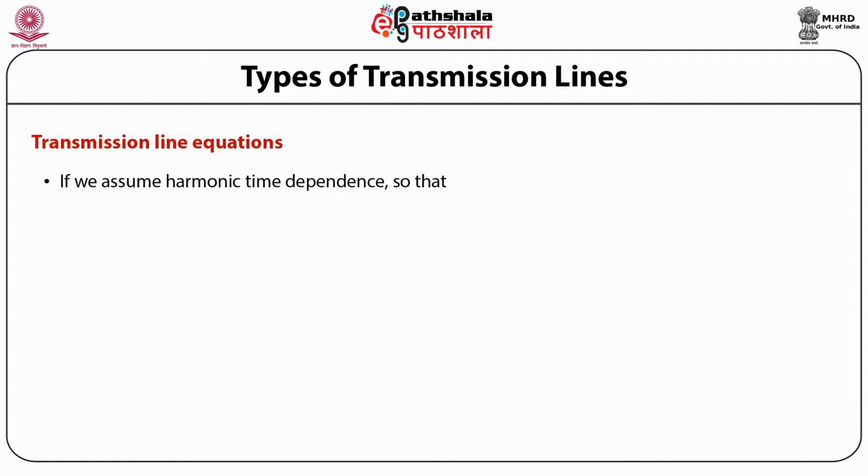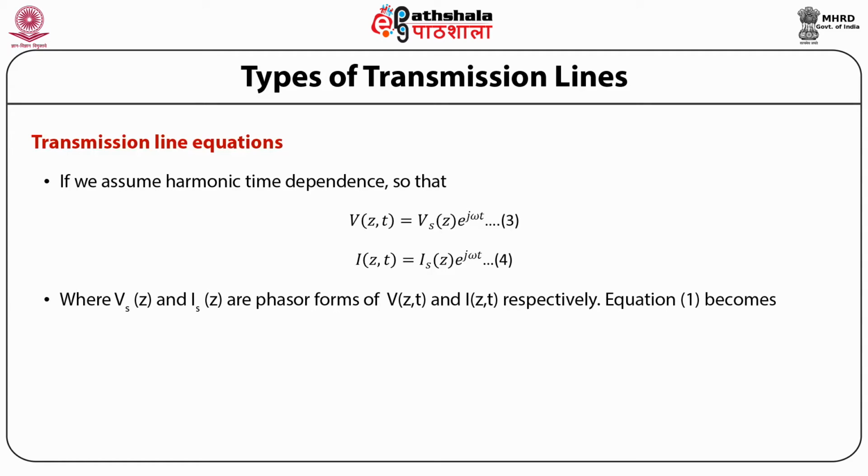If we assume the harmonic time dependence so that V(z,t) equals Vs(z) e^(jωt), I(z,t) equals Is(z) e^(jωt), where Vs(z) and Is(z) are the phasor forms of V(z,t) and I(z,t) respectively.